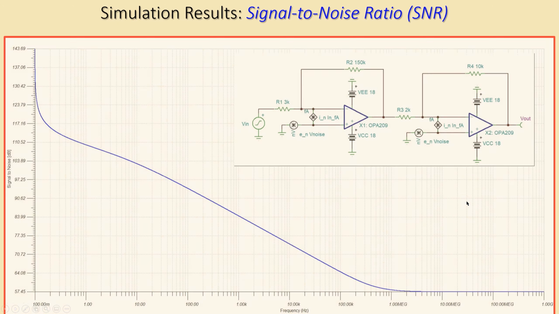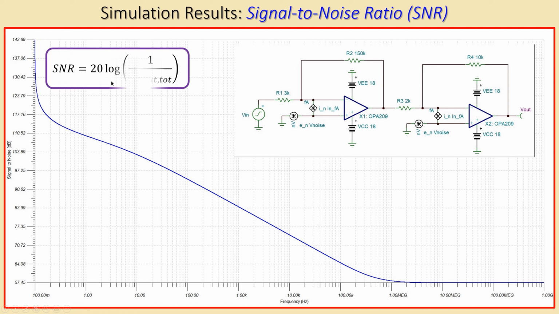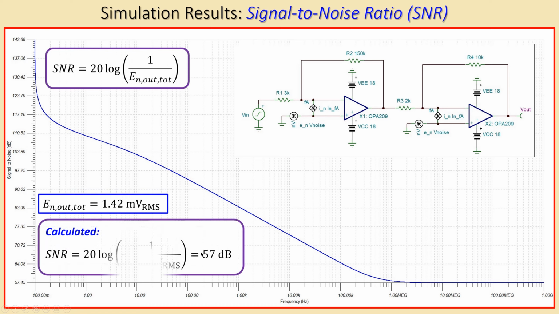Okay, now let's look at the final one, the signal to noise ratio. The signal to noise ratio for this circuit, again, starts very high at very low frequencies and then goes down and approaches a constant value of approximately 57.5 dB. Now our calculation using this formula and this value was 57 dB.